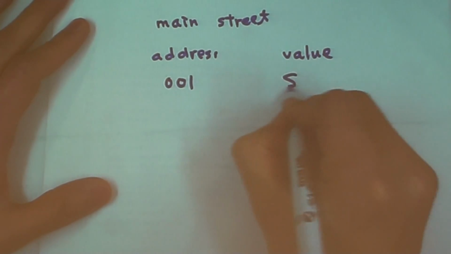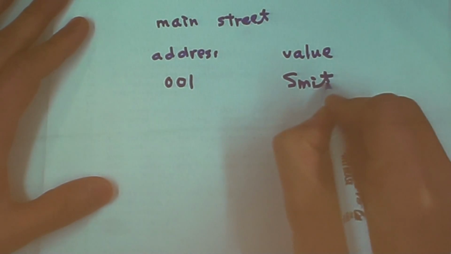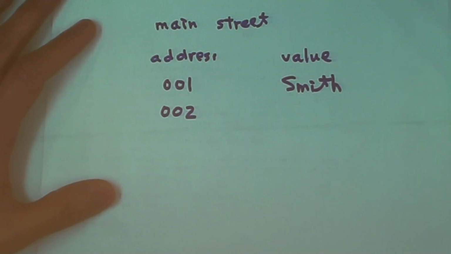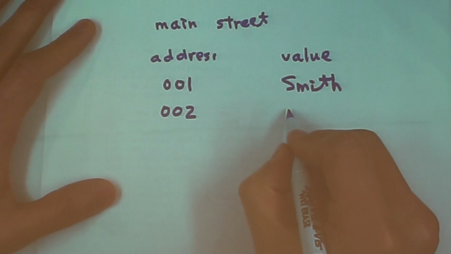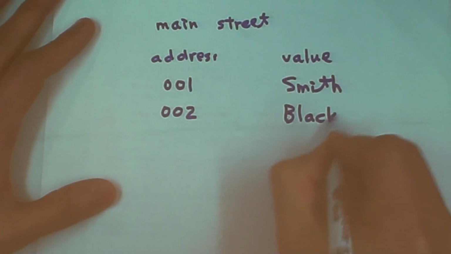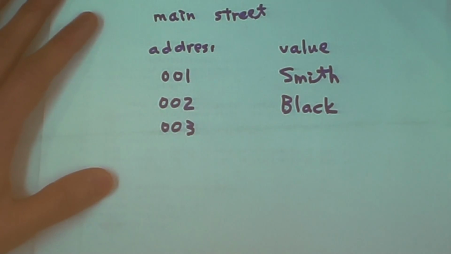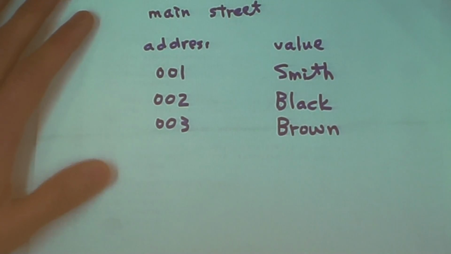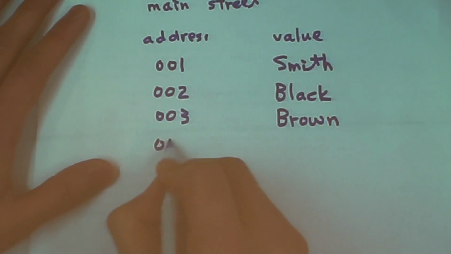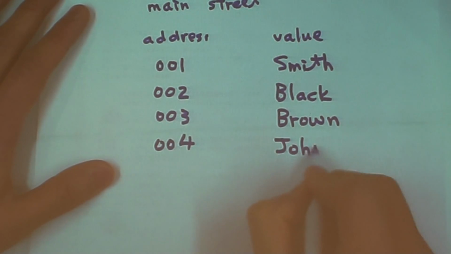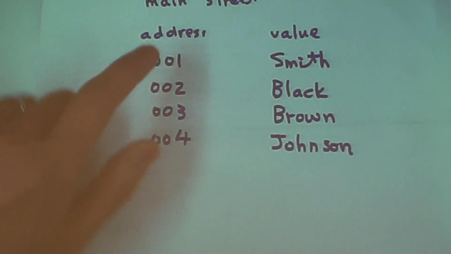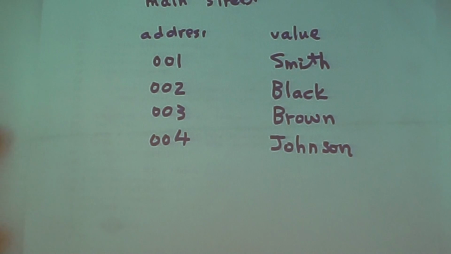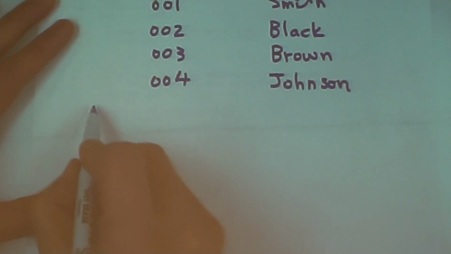The family will be Smith. And another family living on the other side of the street, maybe called Black. And another family living somewhere, maybe called Brown. These are popular names, right? Or another family, maybe Johnson. So you have address and a variable. The variable will be the last name of the family living at that house.